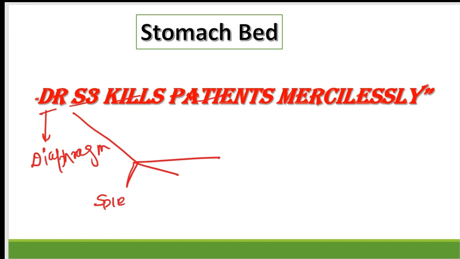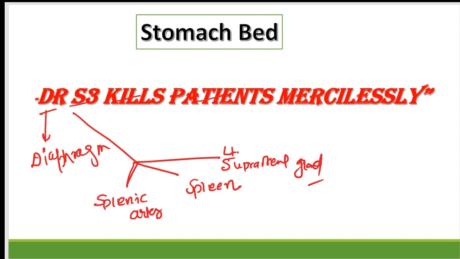The next part is the spleen, and the third is the gland present above the kidney, the suprarenal gland. Which suprarenal gland? The left suprarenal gland. So these are the parts.